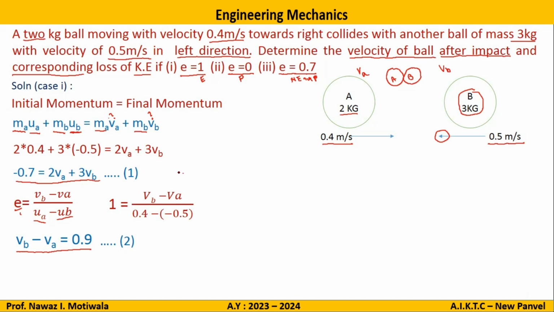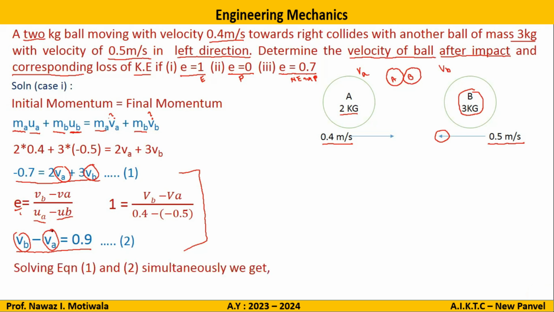Now if you observe equations 1 and 2, the unknowns here are VA and VB, and the unknowns here are also VB and VA. That means there are two equations and two unknowns. So I will solve equations 1 and 2 simultaneously. Solving it, I get the answer for VA as minus 0.68 meter per second and VB as 0.22 meter per second.